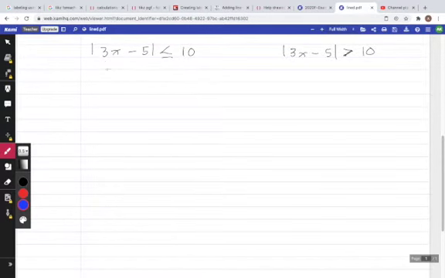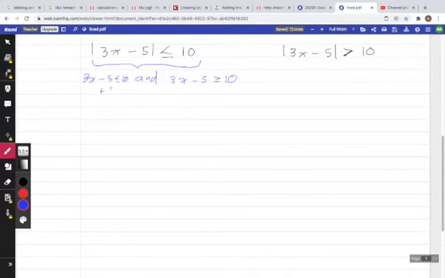And this side sets up as an AND. So we would have 3x minus 5 is less than or equal to 10, and 3x minus 5 is greater than or equal to negative 10. Those are our two possibilities. Then we would solve each of these individually.